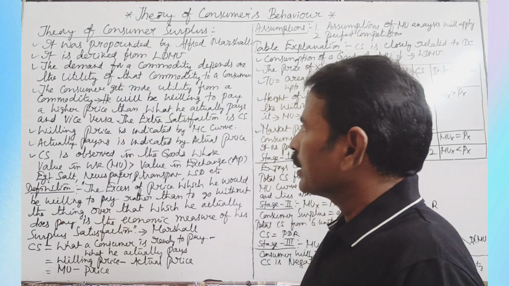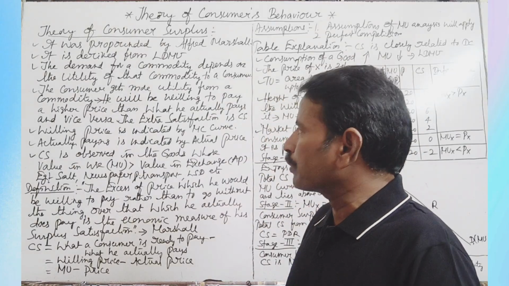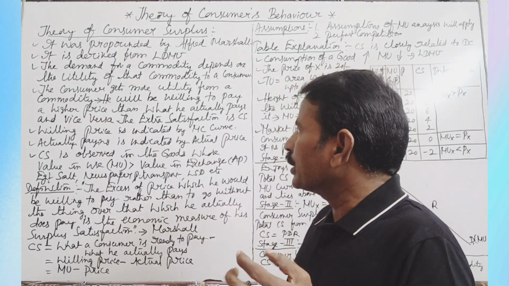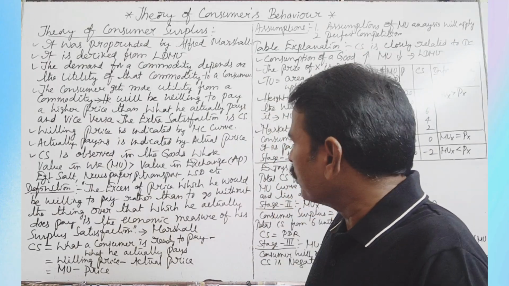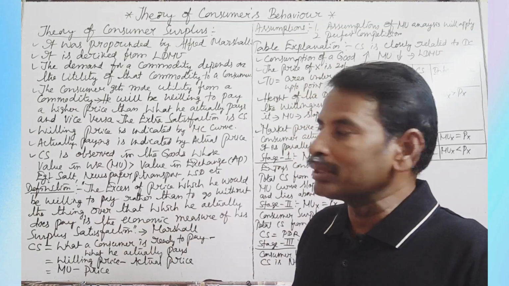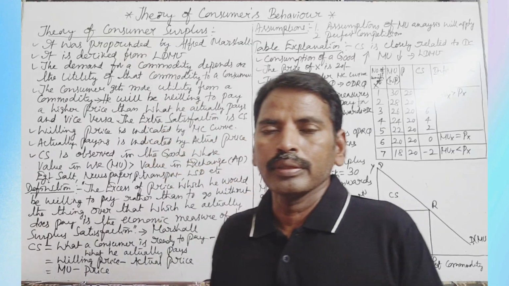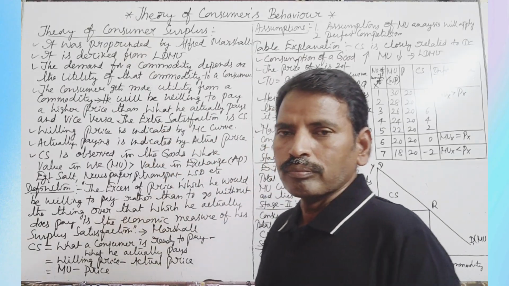So here, if the consumer gets more utility from a commodity, he will be willing to pay a higher price than what he actually pays. It is very clear.